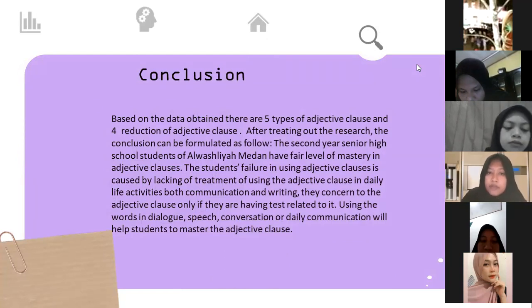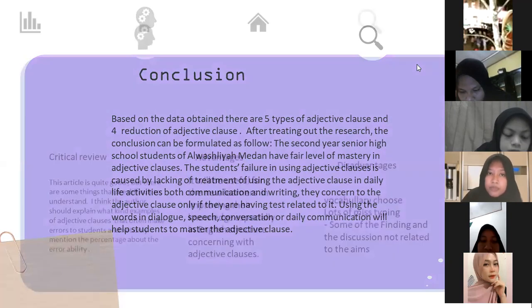The student failure in using adjective clause is caused by lacking of treatment of using the adjective clause in daily life activities, both communication and writing. They concern to the adjective clause only if they are having tasks related to it. Using the words in dialogue, speech, conversation, or daily communication will help students to master the adjective clause.